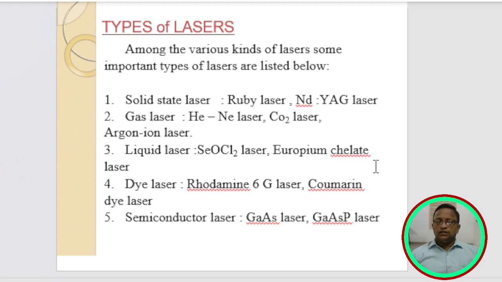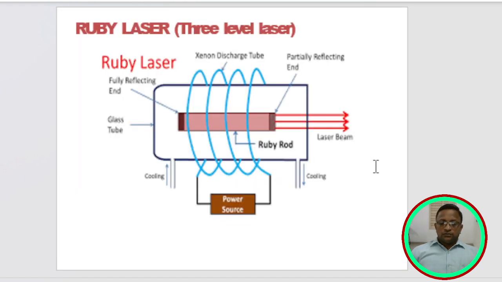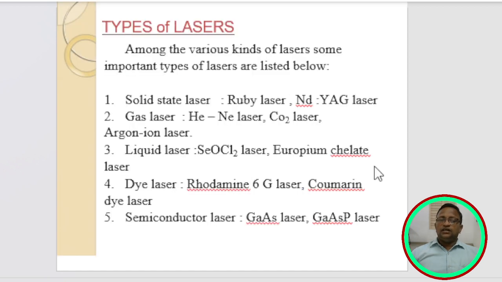The helium neon laser and CO2 laser can be treated as gas lasers, and the argon ion laser is also treated as a gas laser. The third one was the liquid laser. The fourth one was the dye laser, and the fifth one was the semiconductor laser, such as the gallium arsenide laser. For the time being, we are going to discuss the solid state laser and the gas lasers.